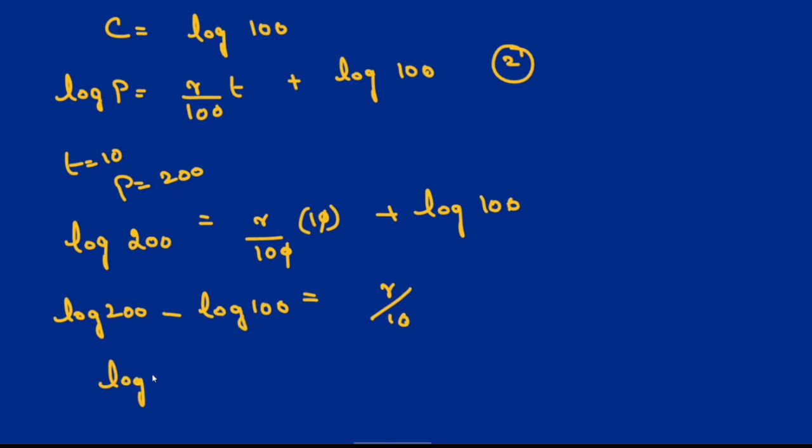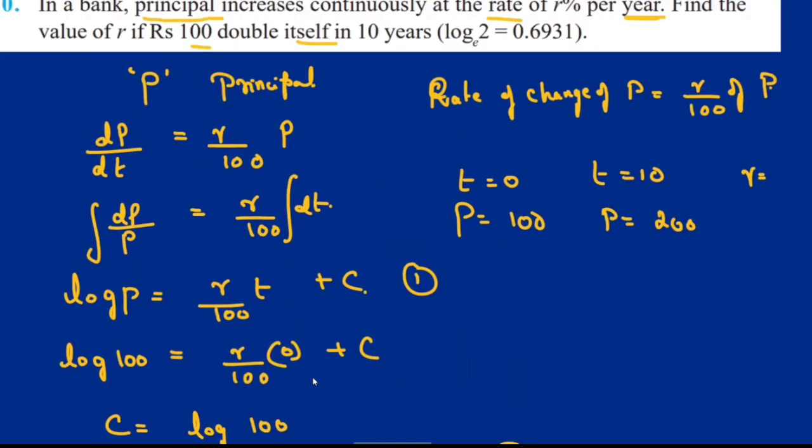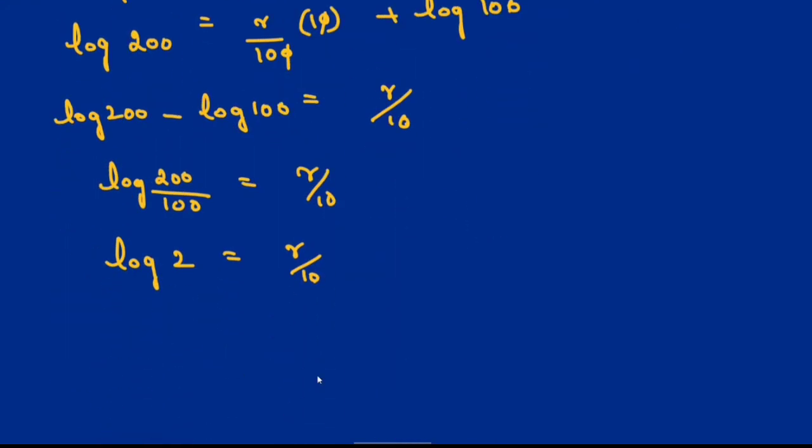Log A minus log B is log A by B, is R by 10. So log 2 is R by 10. Log 2 value base e is given in the question as 0.6931. So you can just put it here, 0.6931 into 10 is R. So R is 6.93%.